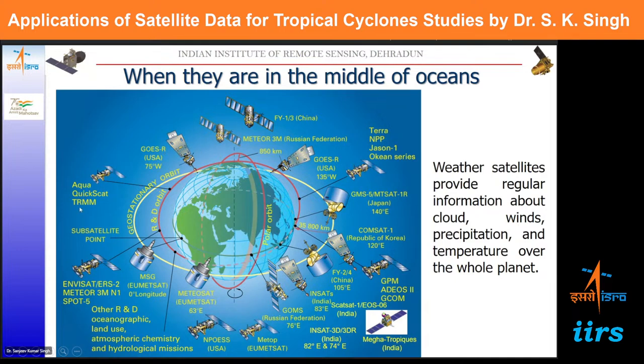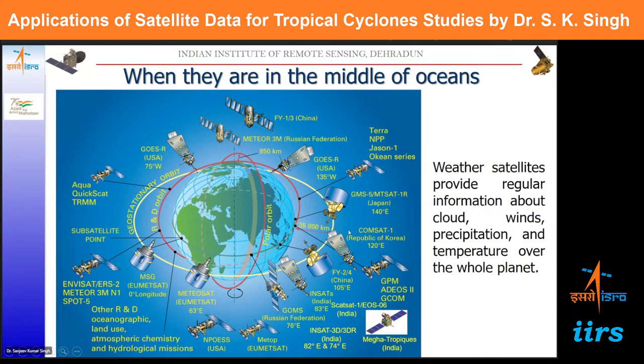We have QuikSCAT, TRMM, from which we get rainfall, and GOES-R, which is a USA mission. Then FY-1 and FY-3 launched by China, and Meteor, from the Russian Federation. The Terra, Suomi NPP, JASON, and other GOES-R satellites are also there, at 75° west and 135° west.